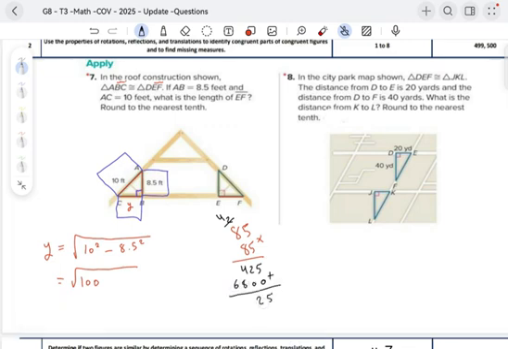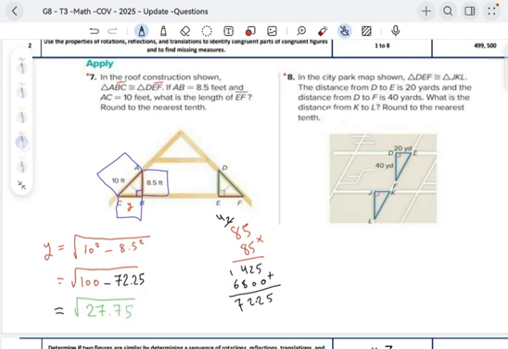Let's add: 5, 12, 7. Put the decimal point back again, 72.25. Okay, let's subtract 100 minus 72.25, that's 27.75, the square root of 27.75.